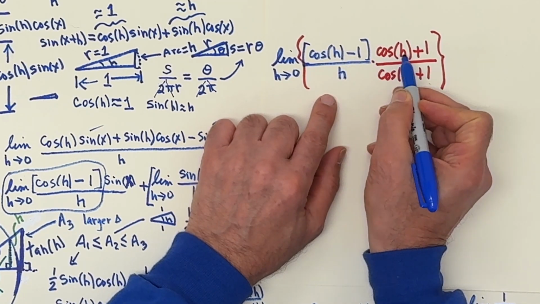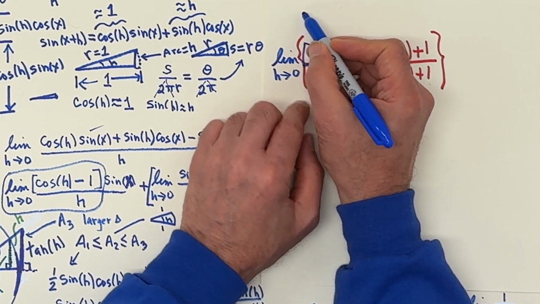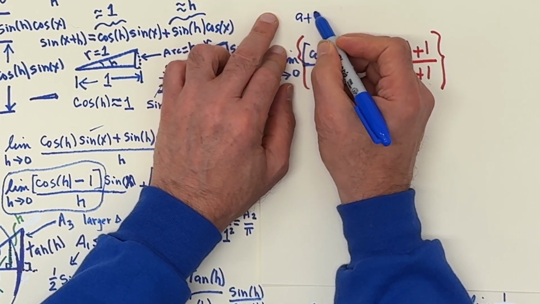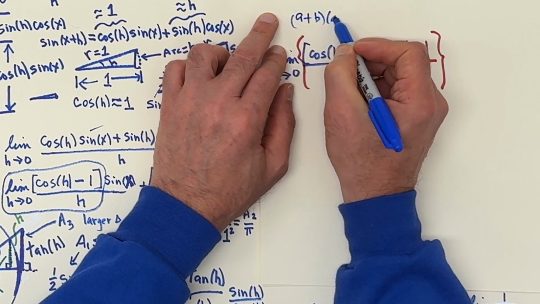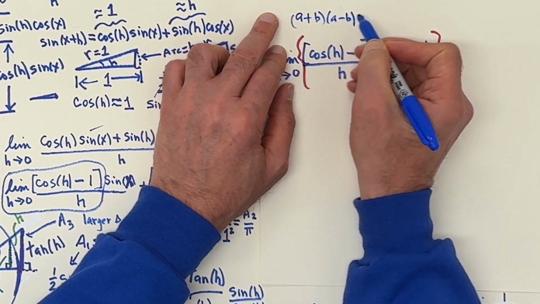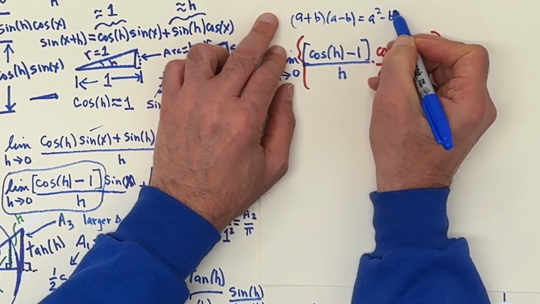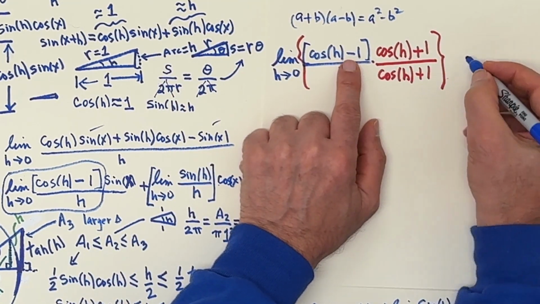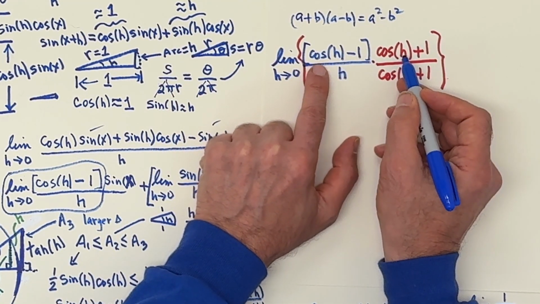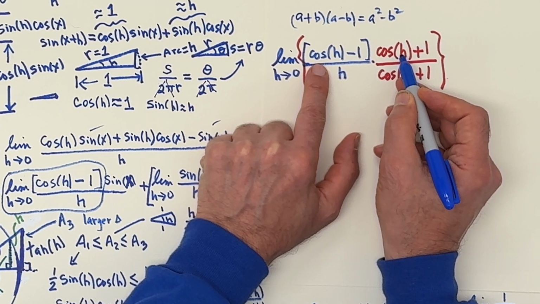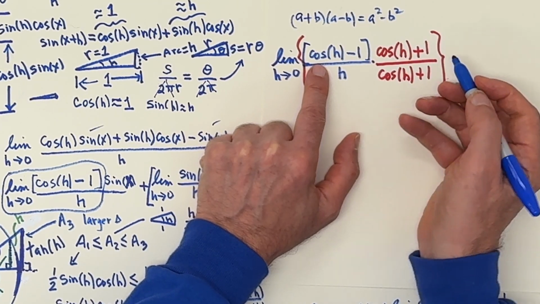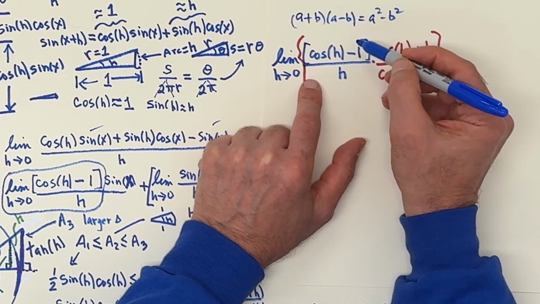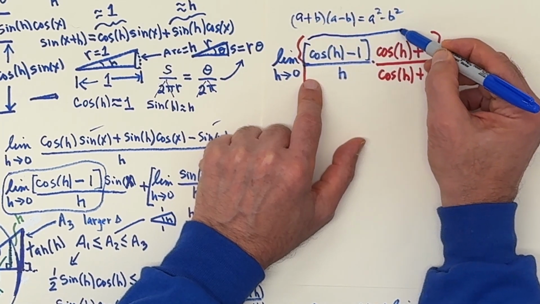Now, when you have a sum and a difference multiplied together, you may recall you have an a plus b and an a minus b. You get a squared minus b squared. So that's going to get me here cosine of h squared minus 1. Let's look at that numerator here for a second.